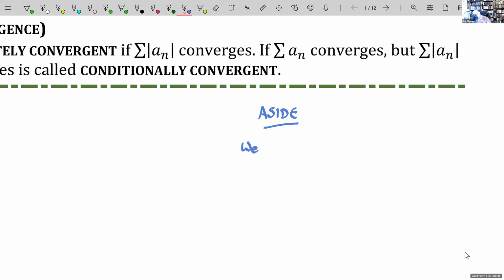We have two tests so far for series containing negative terms.